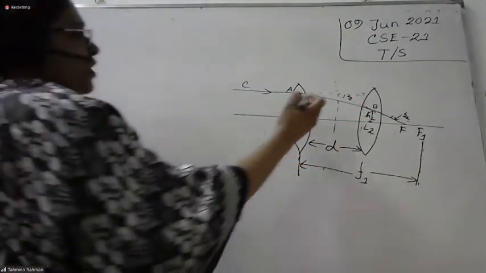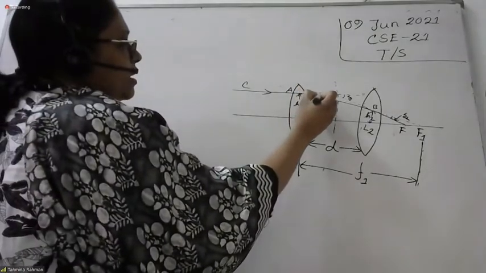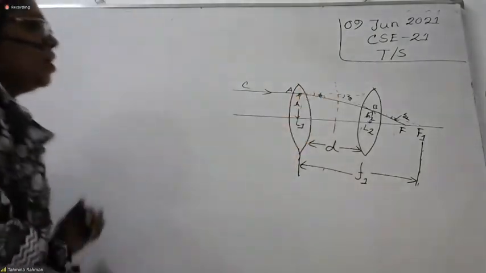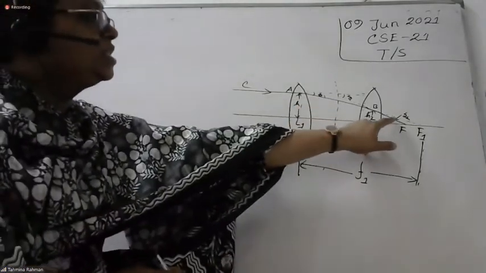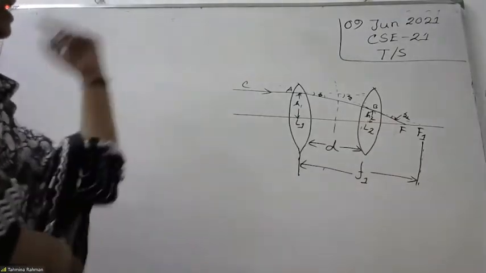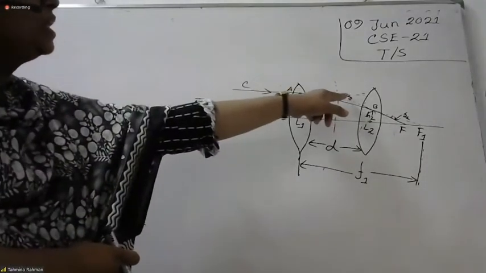So we have three deviations. One is del 1, produced by the first lens. This deviation del 2 is produced by the second lens. And this is del, for the equivalent lens.